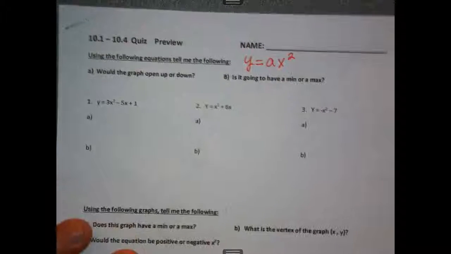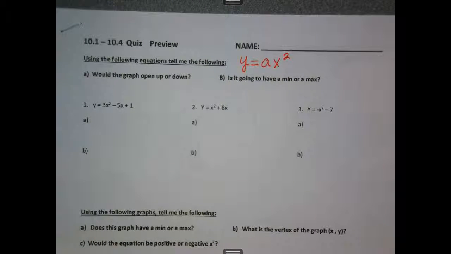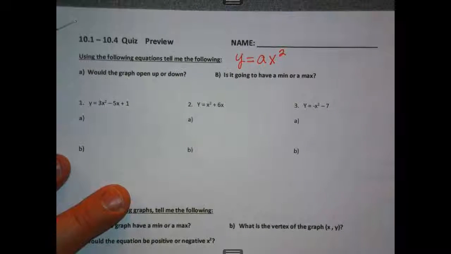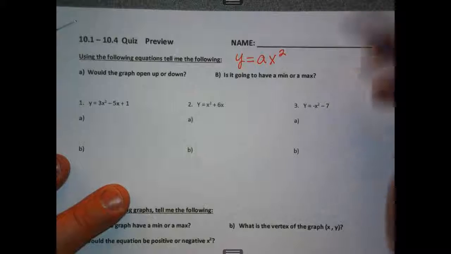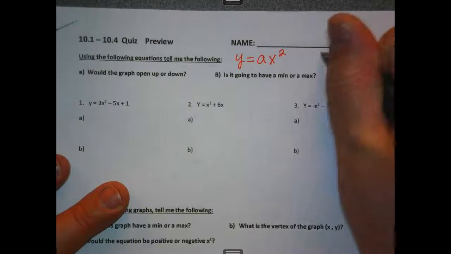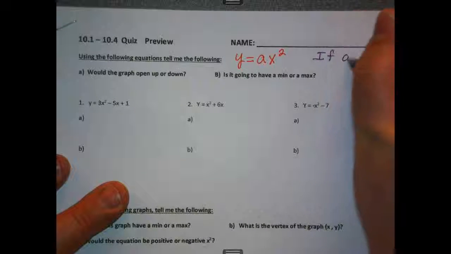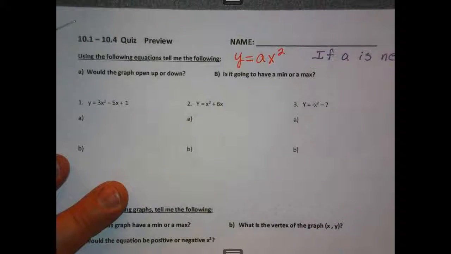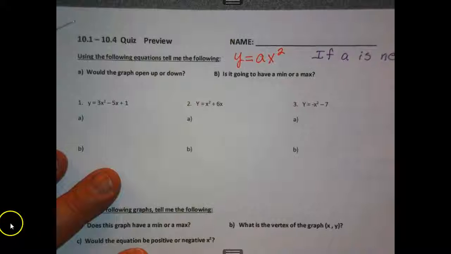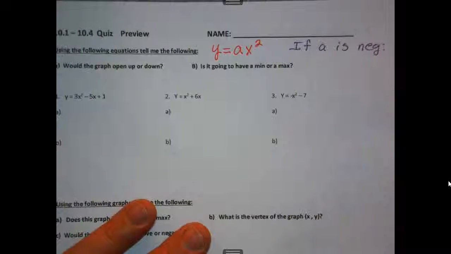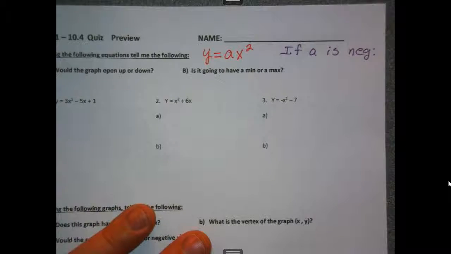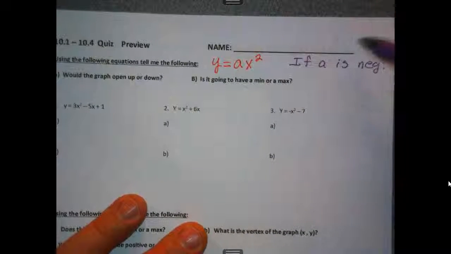And we talked a lot about what a does. Okay? If a is negative, what happens to my parabola or U shape? If a is negative, what happens to my parabola?